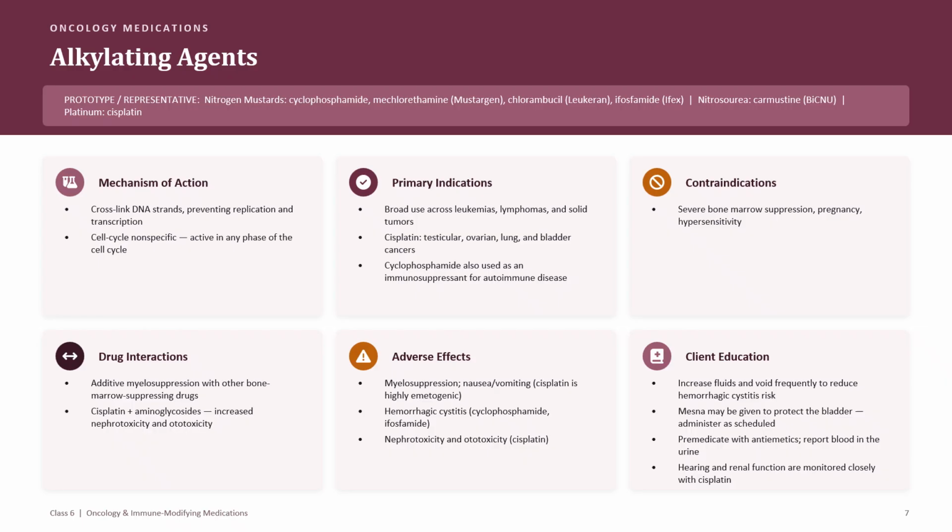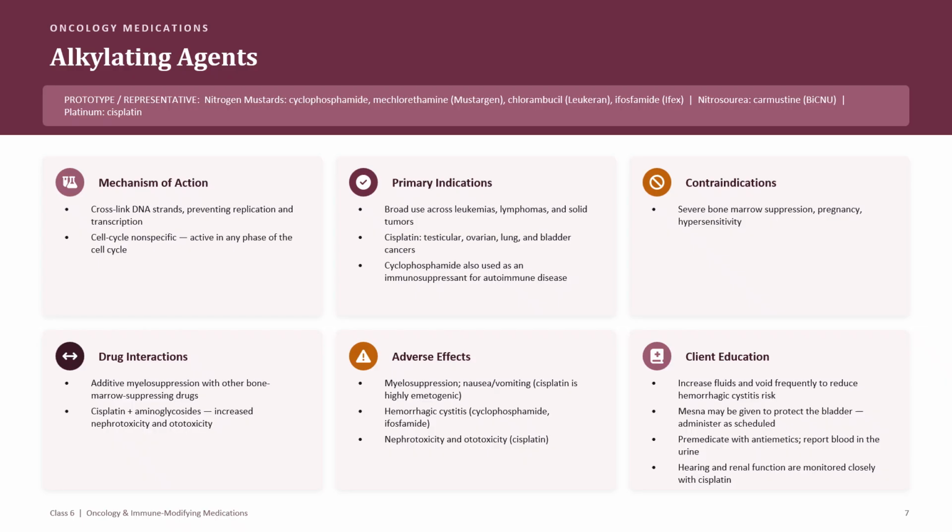So I want to spend our real time on the adverse effects, because two of them have very specific antidotes, and those are usually testable. So cyclophosphamide and ifosfamide are notorious for hemorrhagic cystitis.